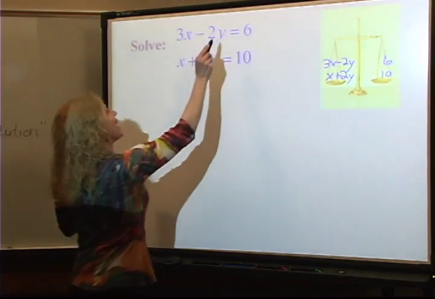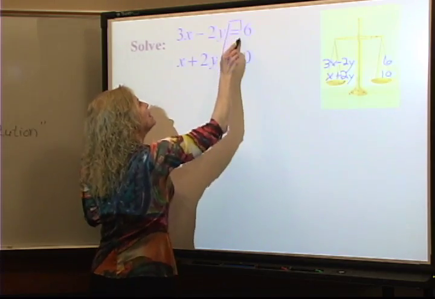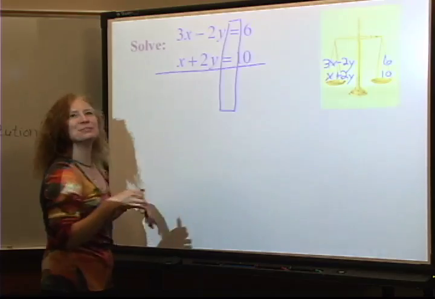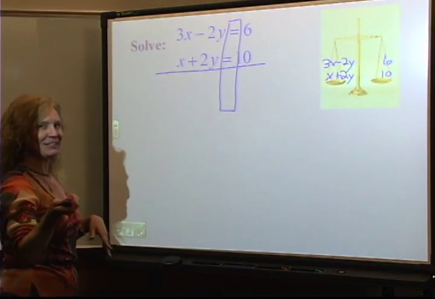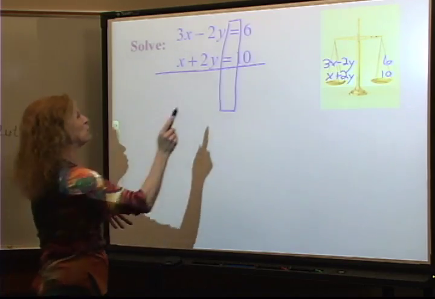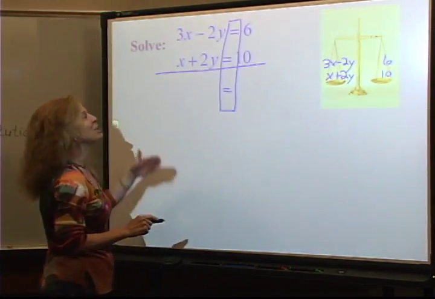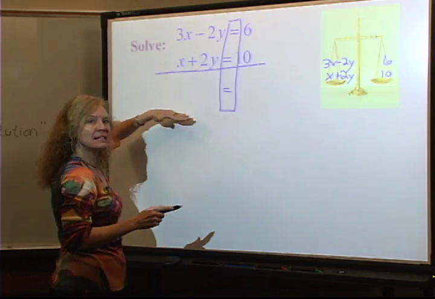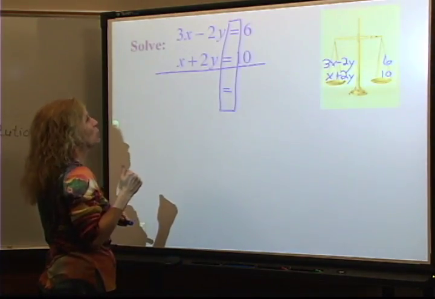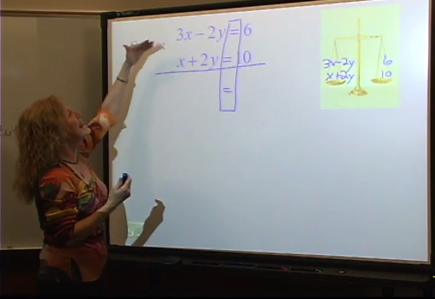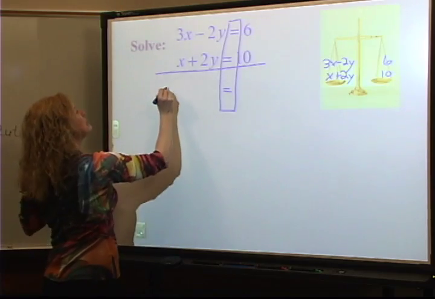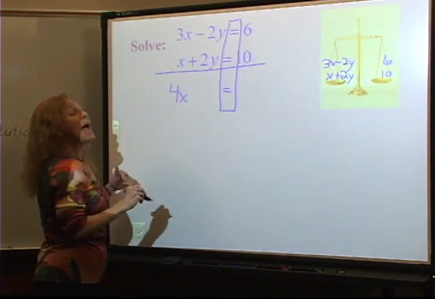Now, by the way, when we add equations, we always line up the equal sign. It's kind of like when you learn to add decimals, you learn to line up the decimal point. We line up the equals. And you want to add left sides together, right sides together. Okay? Now, when I add over here, you'll notice that the 3x plus x gives me the 4x.